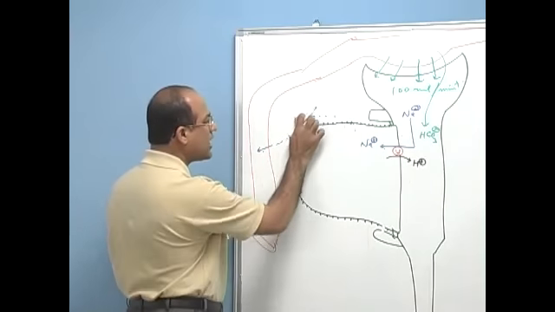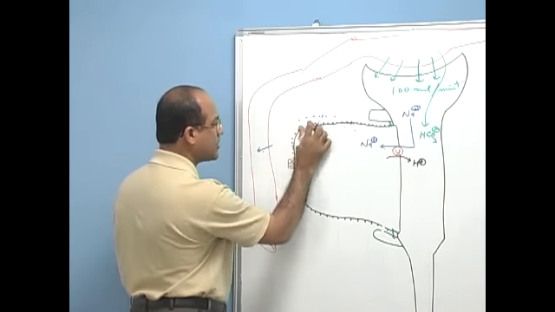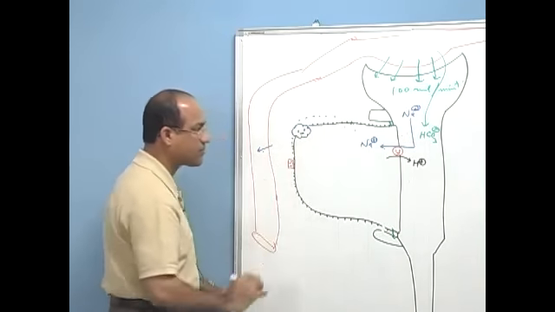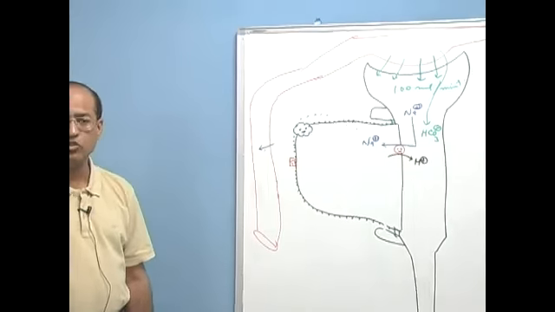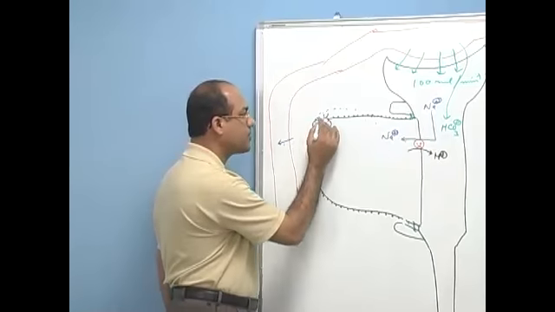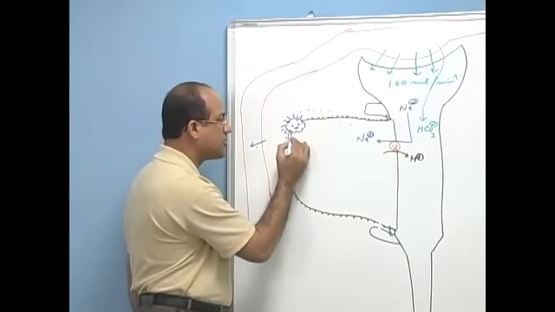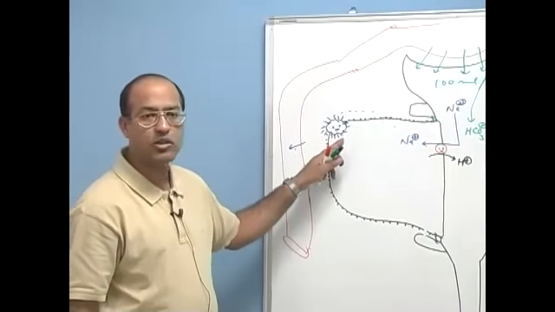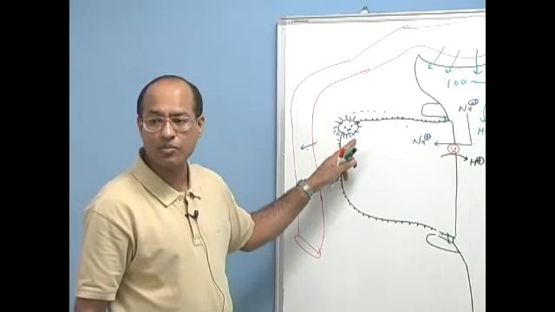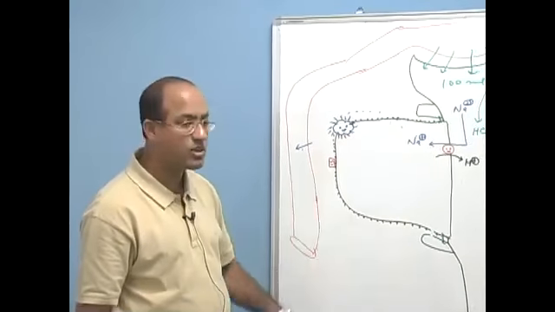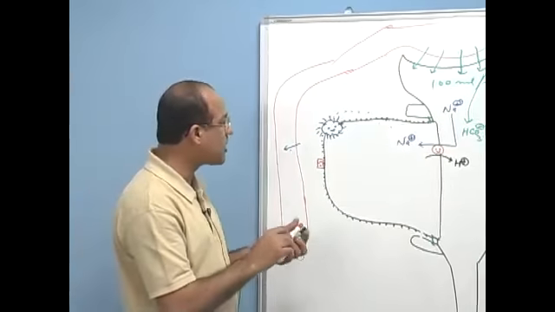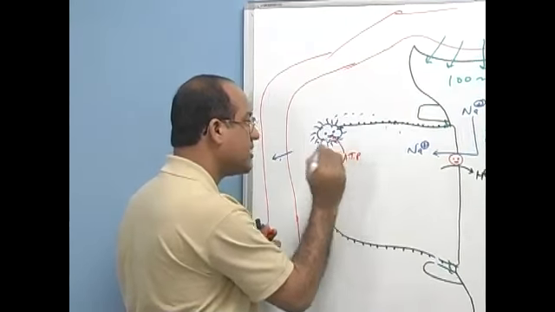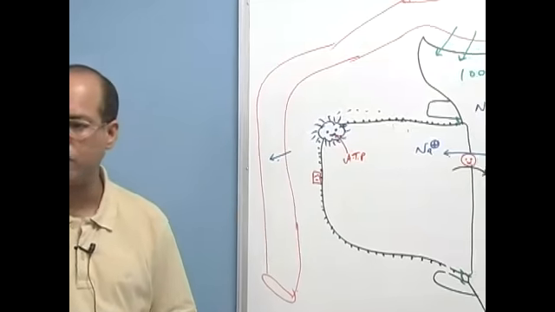Actually, there is a very special enzyme here, or rather not an enzyme, I must say a transporter. This is the sodium potassium transporter. These molecules are present only on the basolateral membranes. What are these molecules doing? They are constantly eating up ATP. They are energized by ATP.